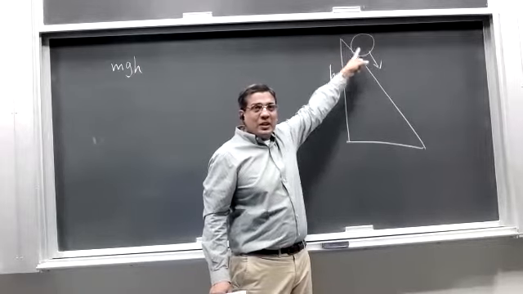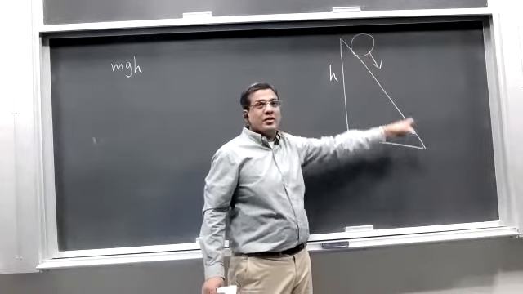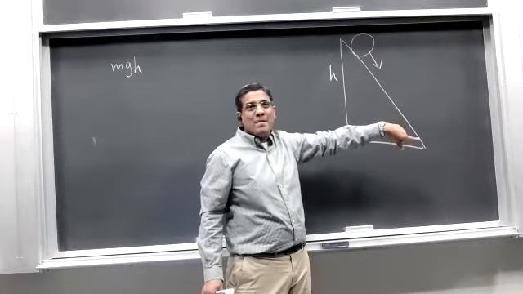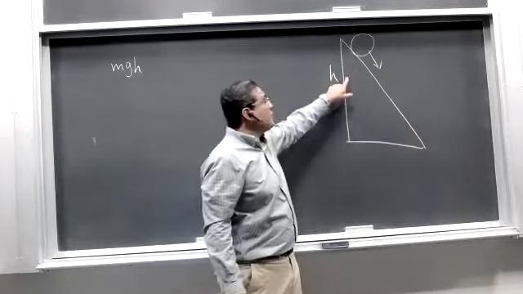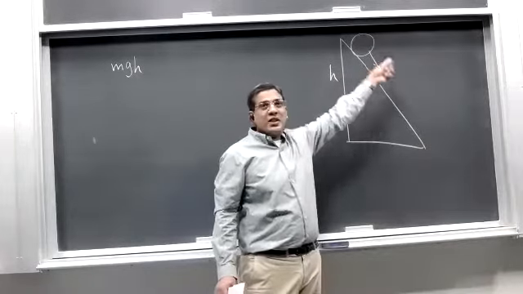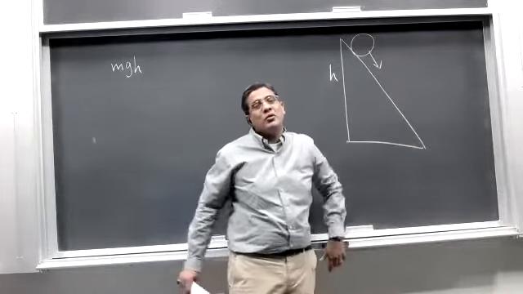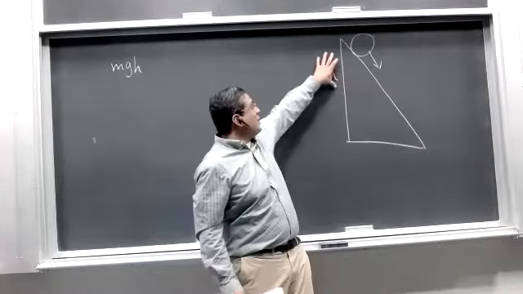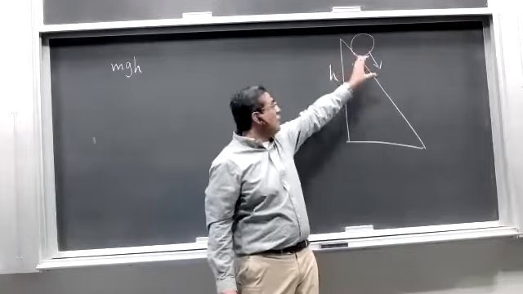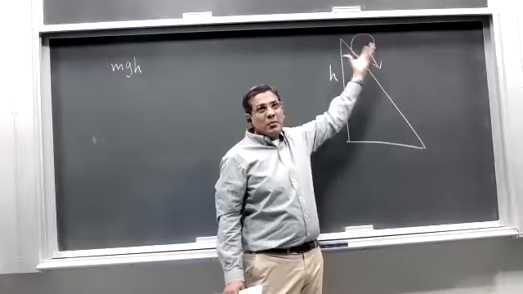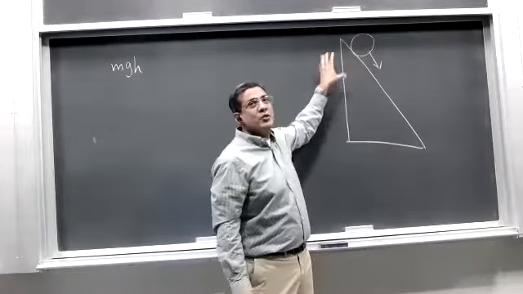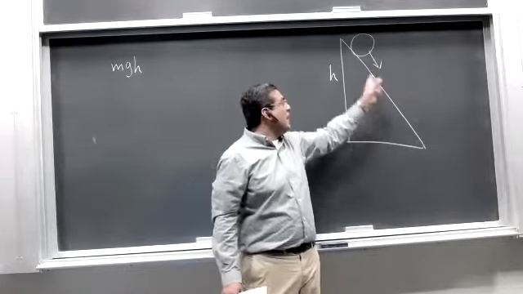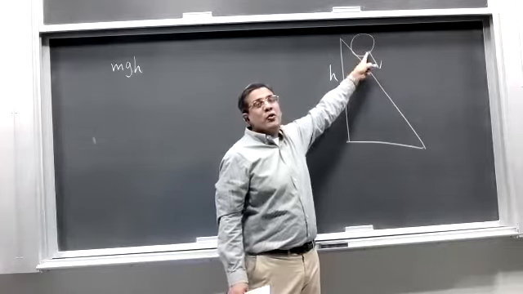Now, if you see this, it is not just sliding. It's not just doing linear motion. It's also rolling, right? So the potential energy would not go just into the translational kinetic energy. Usually, if this was a block or a point particle, all the potential energy would go into its linear kinetic energy. Now we have two types of motion of this object.